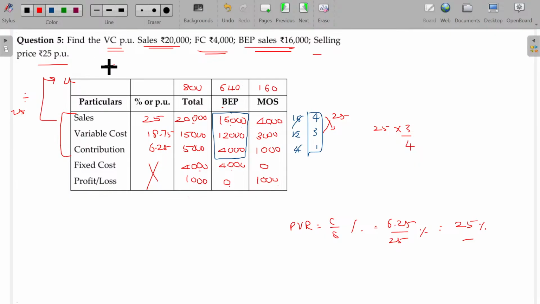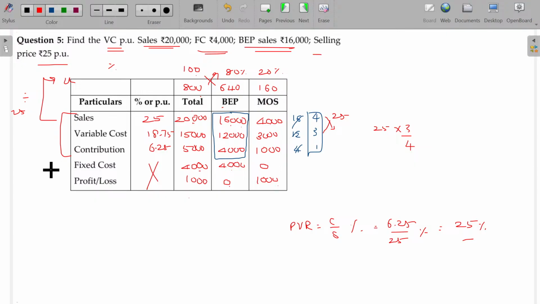You can even represent it in percentage. If you want to represent it in percentage, the total sales is assumed to be 100. If 800 is equal to 100%, then 640 should be 80% and the balance 20% will be MOS. If you ask the company about its BEP level, the company will share 80% with you.